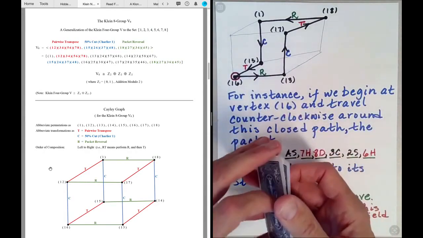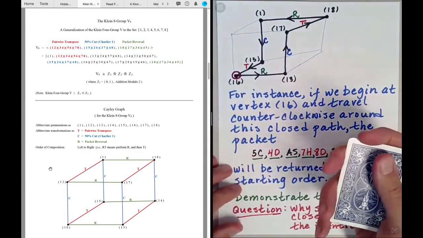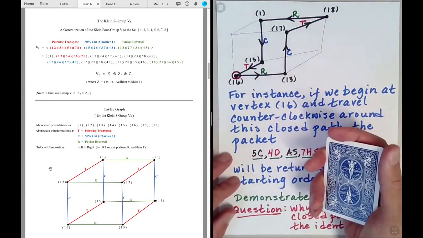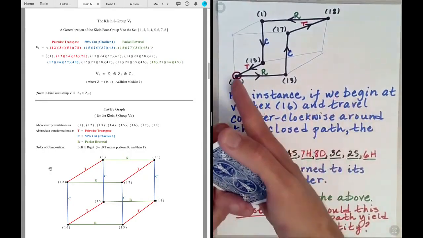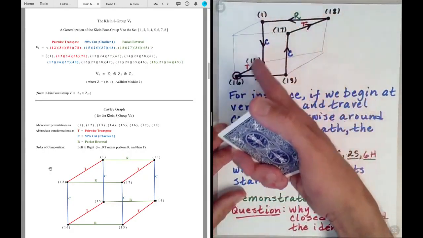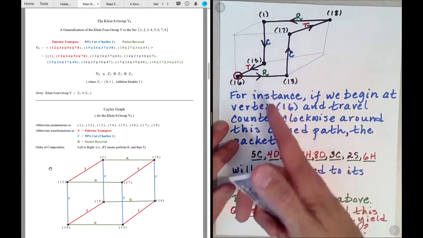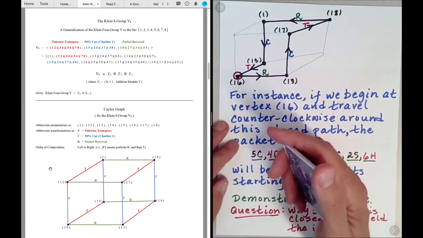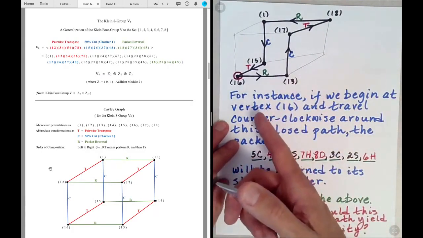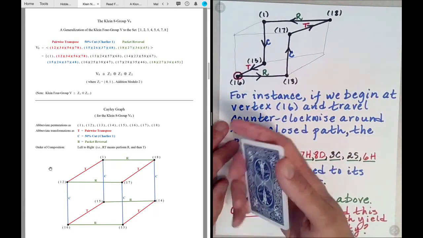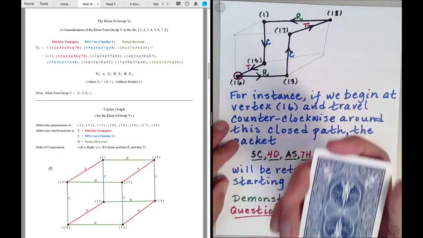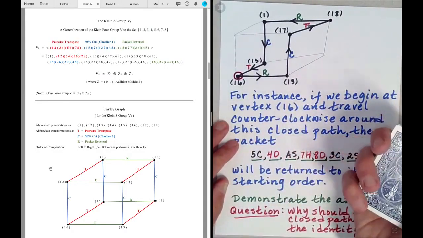So what we're going to do is verify this property of Cayley graphs, that if we complete a full cycle somewhere along the Cayley graph, here it's along that cube, and return to where we began, we will return this packet to its original order, okay?